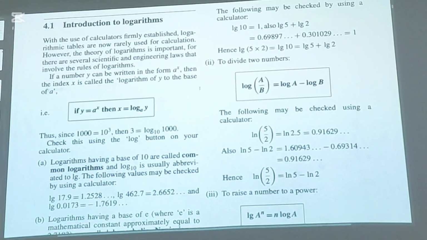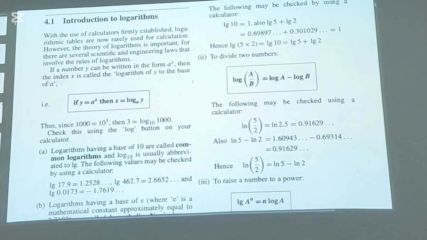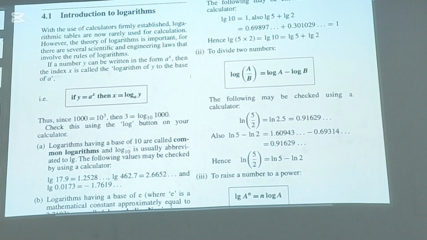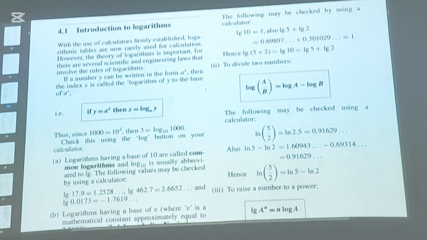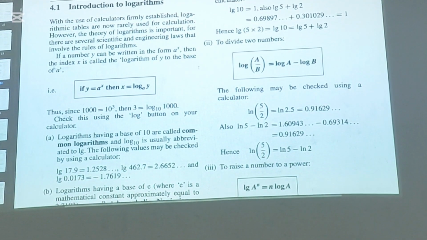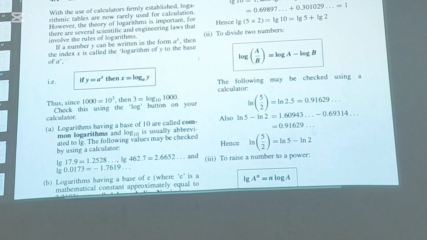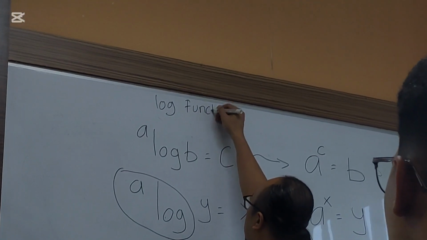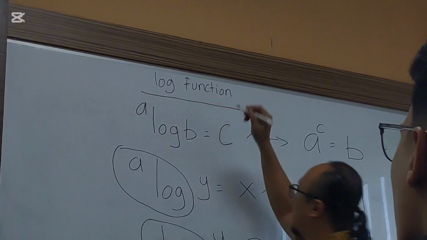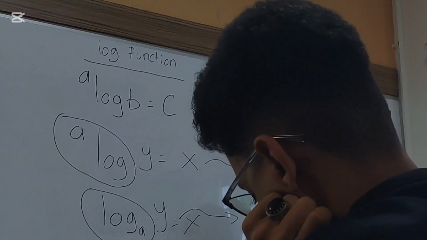This is also similar. a power x equal to the function. You must remember this transformation shape: a log b equal to c will be equal to a power c equal to b. This is the logarithmic function, and this is the exponential function.